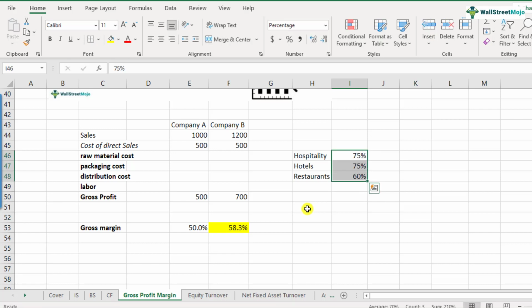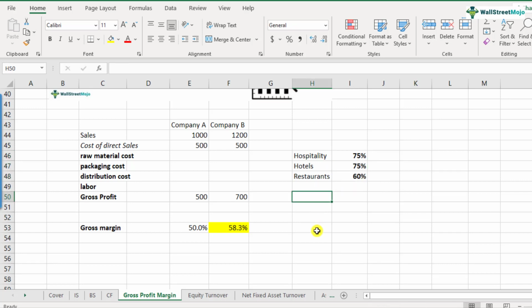This is typically higher because if you look at the way they are placed, the raw material cost for them is not high. For a hotel, they have already invested a lot of money in building the hotel. So for them, the raw material is the extra cost which they have to bear when the customers check in, or the food cost, etc. That's why the gross profit margin for such industries is very high.